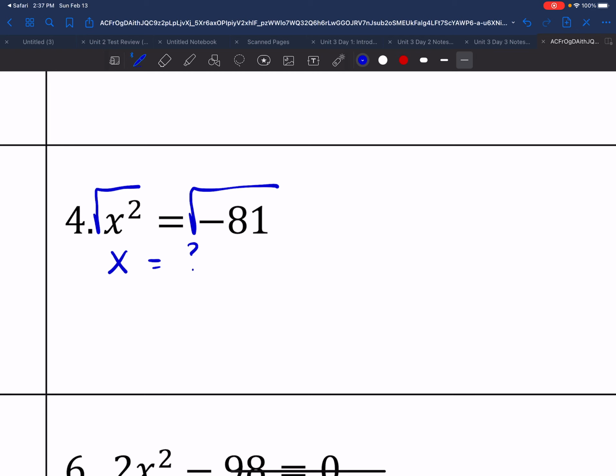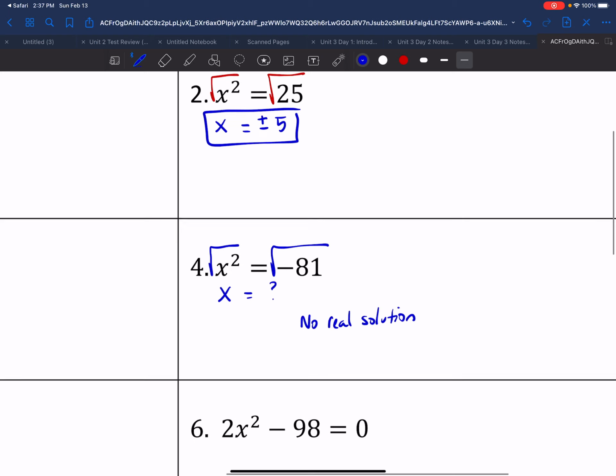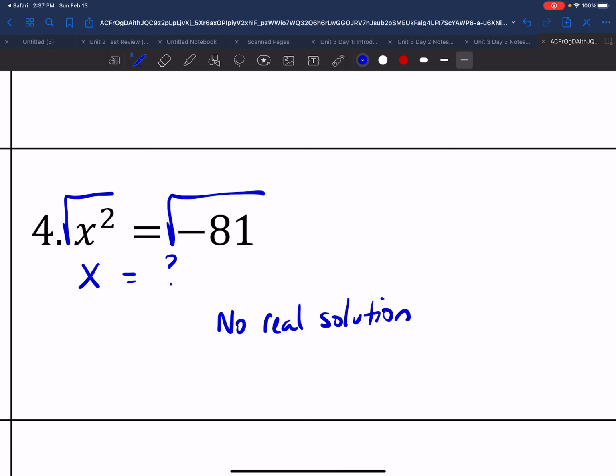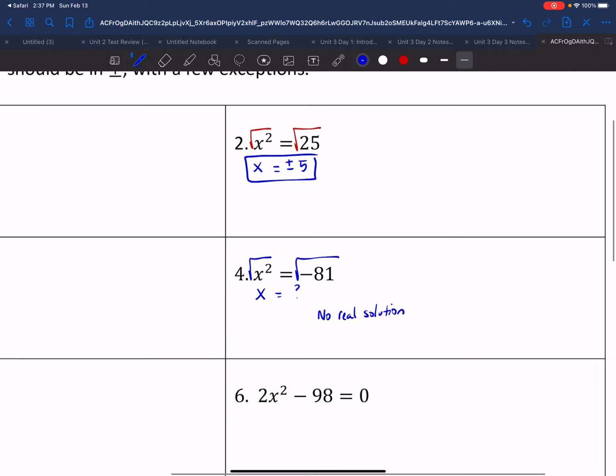We're still in Algebra 1. So if you have a negative number under the square root, we're just going to say no real solution to this one, because I can't do anything about that. I'm going to go ahead and move on. You'll learn more about this stuff when you get into Algebra 2, but here in Algebra 1, we're not going to go into detail about it.